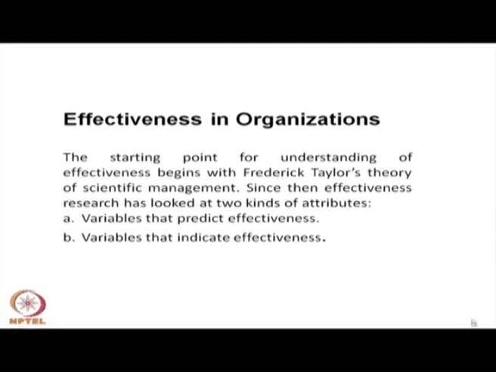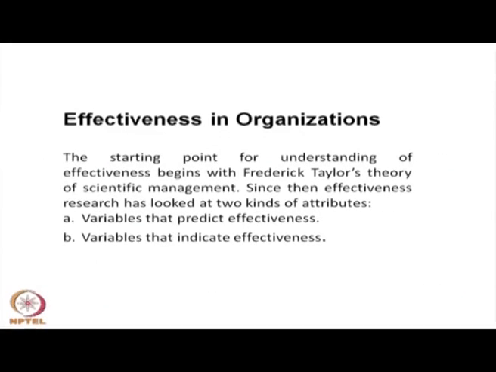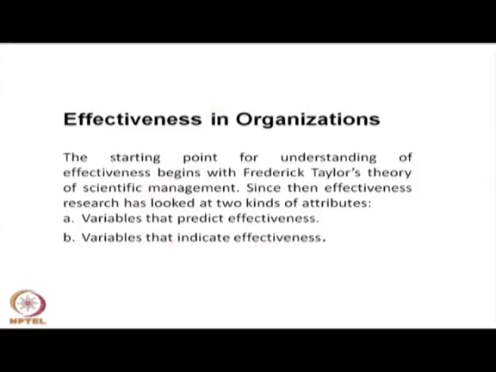These are the two attributes of effectiveness. Under this we can try to list out various variables, and maybe one of your tasks, I have just left it like this for you, is to find out which variables predict effectiveness and which variables indicate effectiveness.